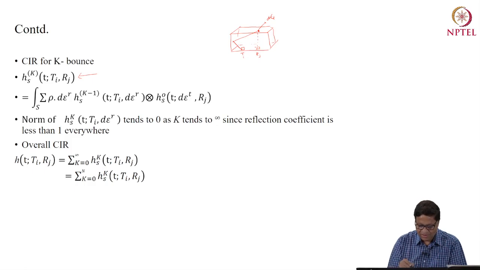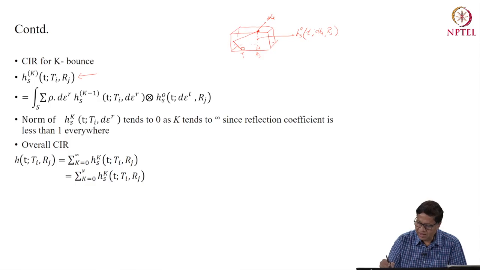So this is what is written here. If you see here, this is h_s^0, the direct line of sight, a function of t, and this is now acting as a transmitter, so this is d sigma T, and this is Rj.